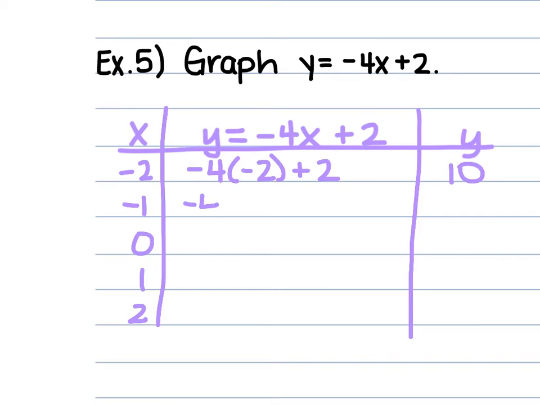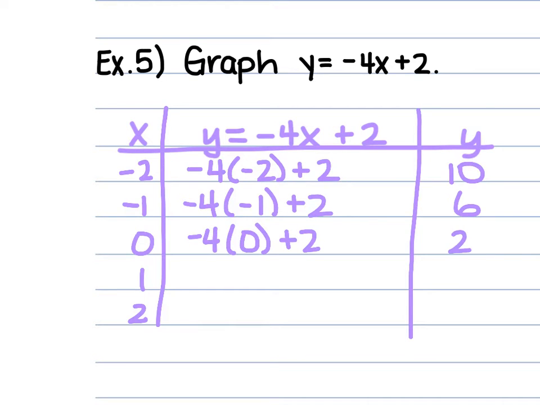Then we have -4 times -1 plus 2. So 4 plus 2 is 6. -4 times 0 plus 2. 0 plus 2 is 2. -4 times 1 plus 2. -4 times 1 is -4. -4 plus 2 is -2. And then -4 times 2 plus 2.